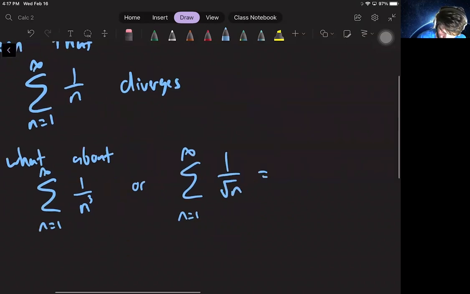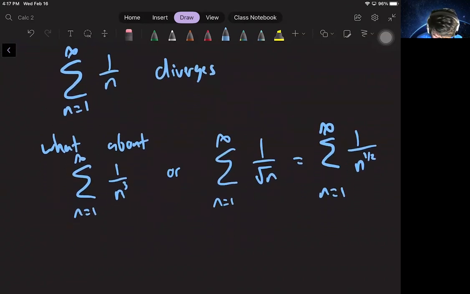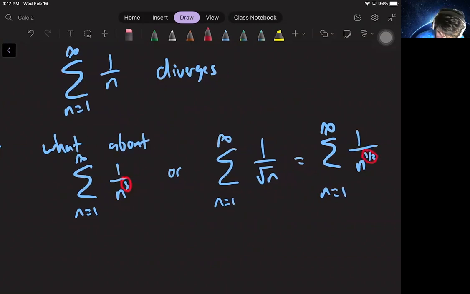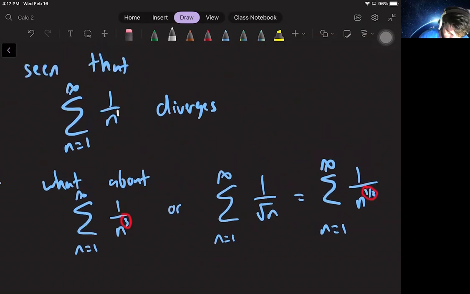Remember, a square root really means a 1/2 power. So what we want to think about is all of the possible choices for this number here. So like that's a choice of 3. That's a choice of 1/2. This even has a secret 1 here, of course. If you don't put any power, it means a power of 1.